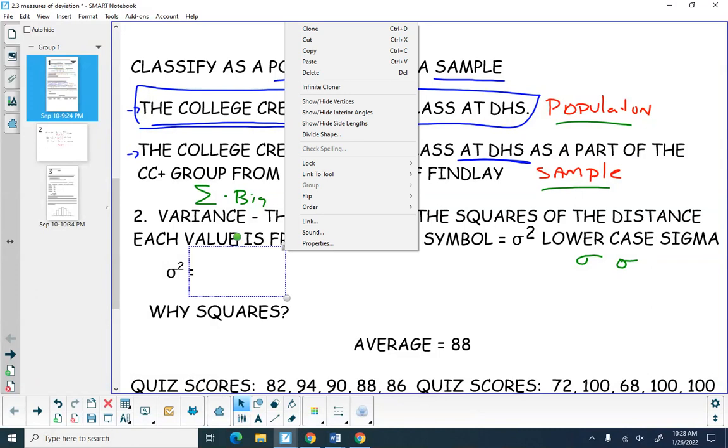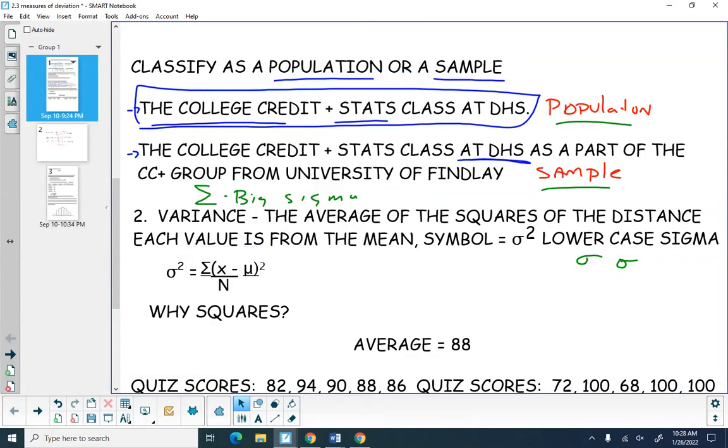How do we calculate this? It is the sum of the value minus the mean, squared, divided by n, where n is your sample size or your population size.